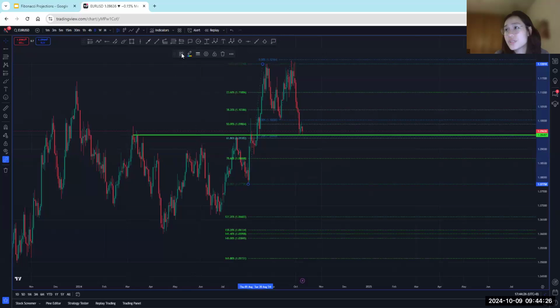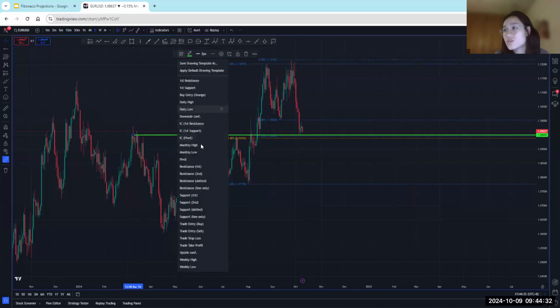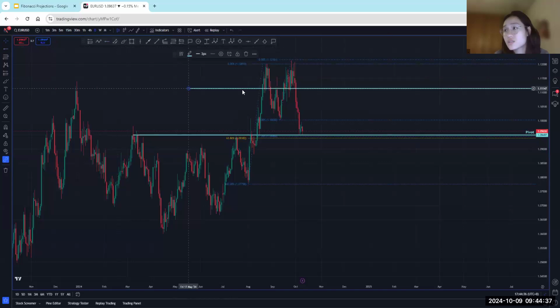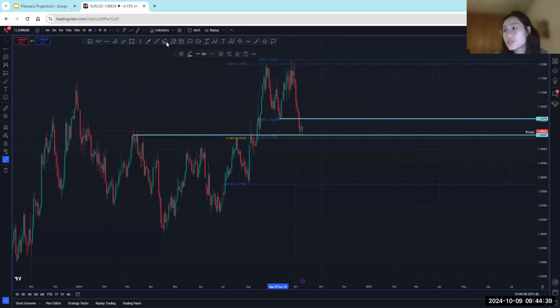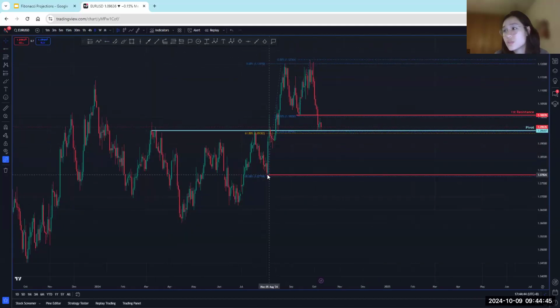My 61.8 lines up. So I guess this would kind of be a pivot level. My first resistance would be here. First support, maybe down here. And we are expecting prices to drop.